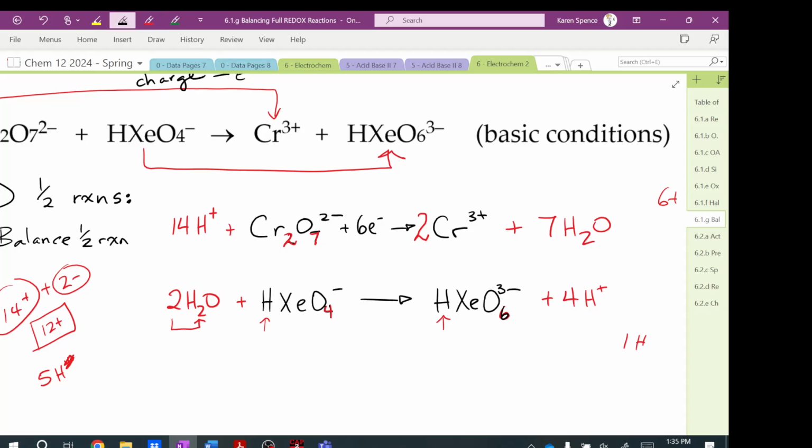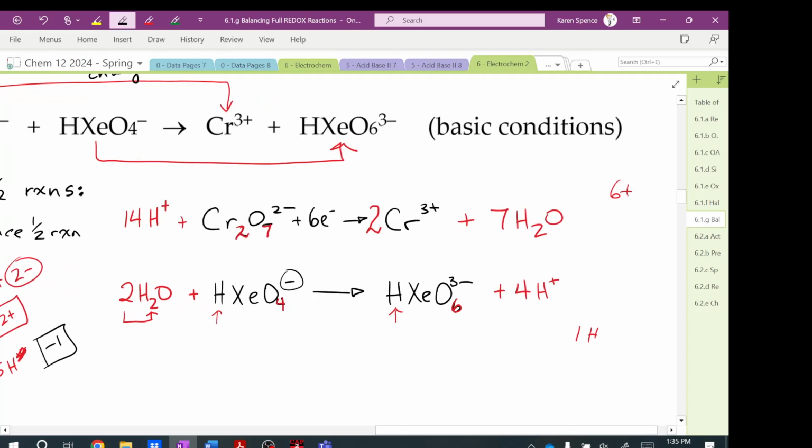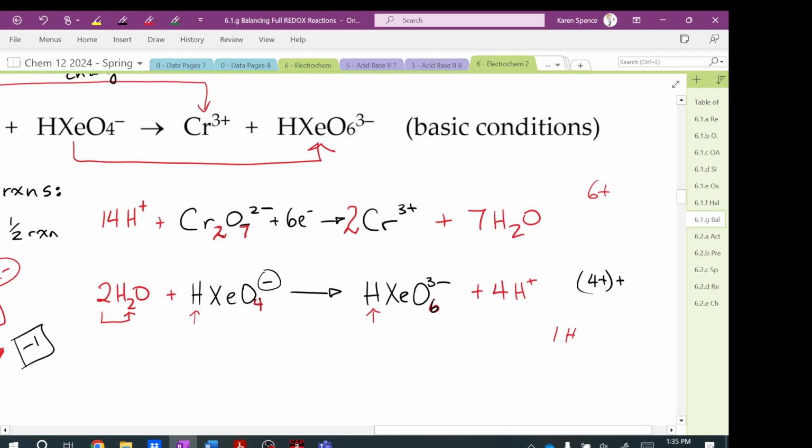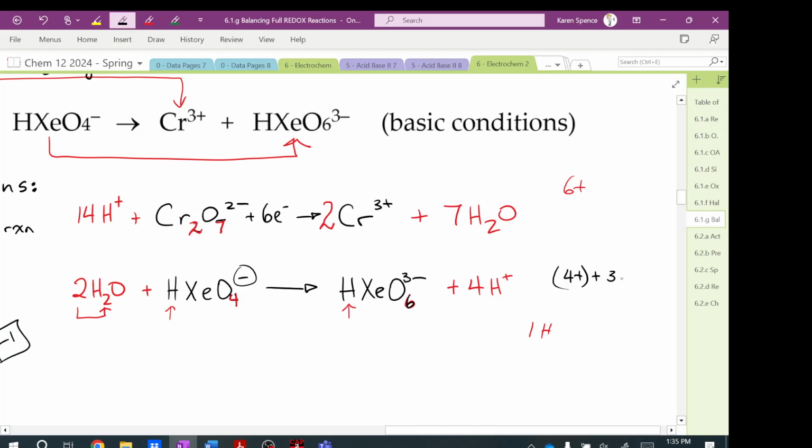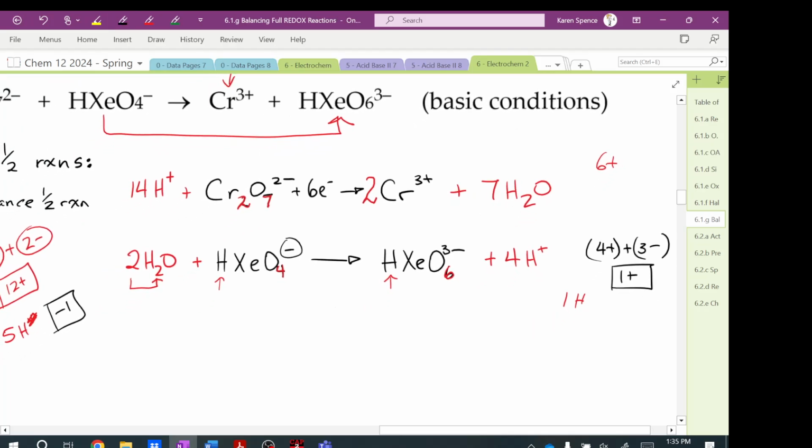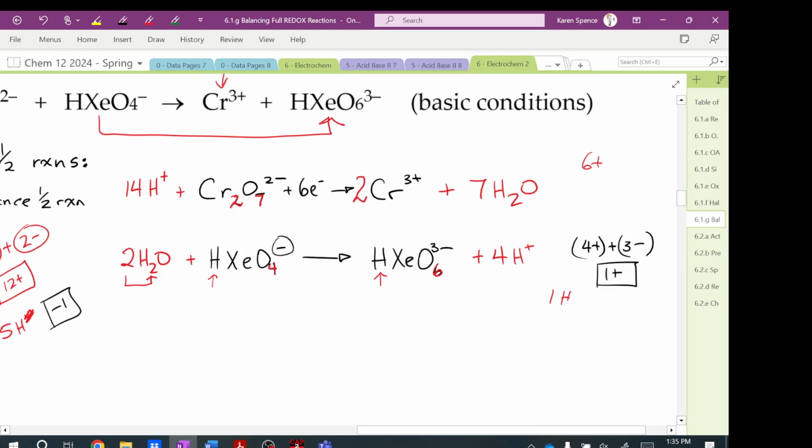Charge. I only have a negative here, so that's -1. On the right-hand side, I have 4 positives and 3 negative. Thank you, because that would mess me up. 3 negative. And so that gives me 1 positive. Everybody, tell your partner, how will we get the charges to be the same on both sides?